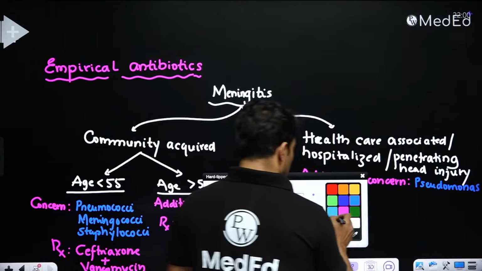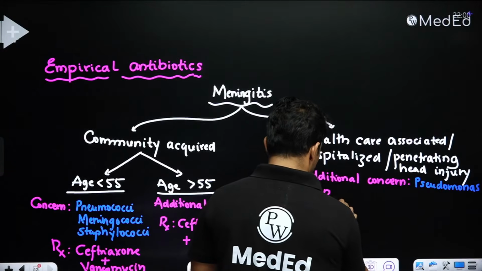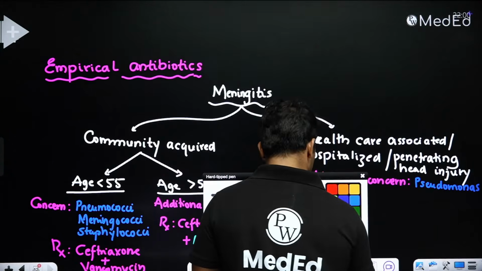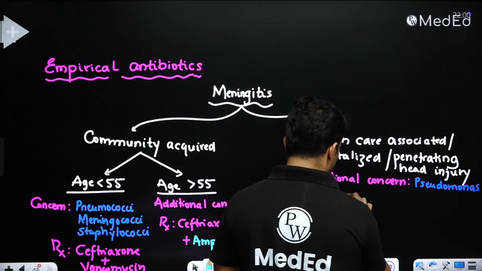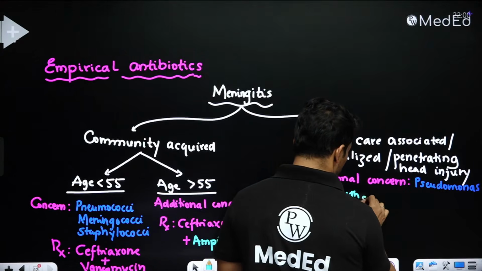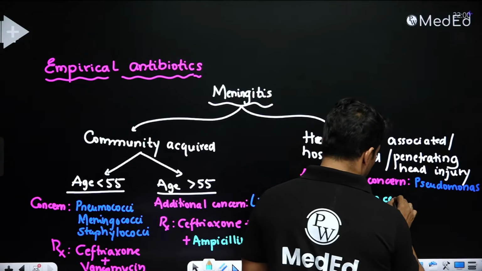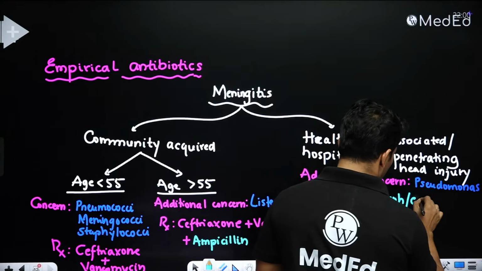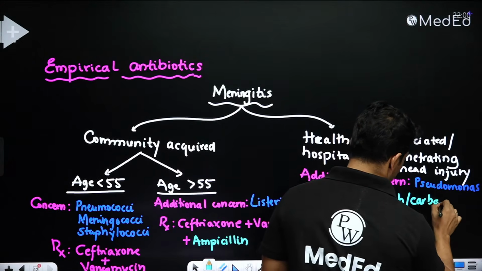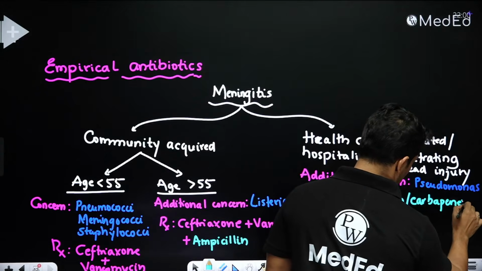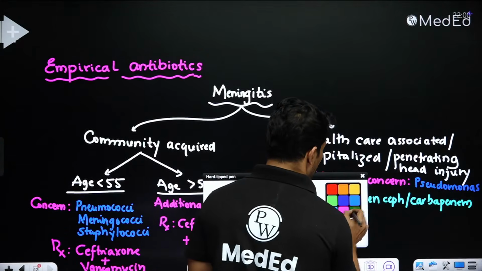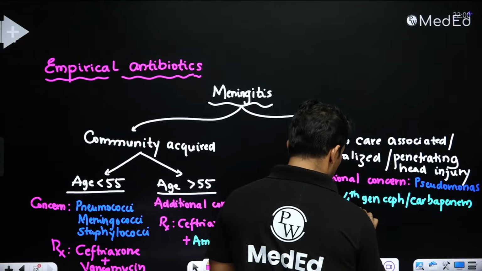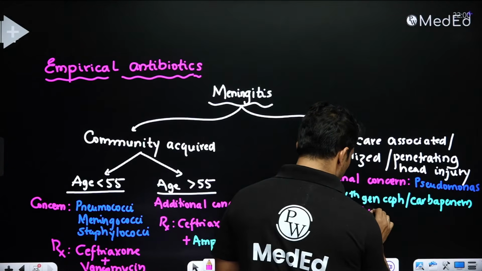So here our treatment will focus on this. The first major change we are doing here is, instead of the 3rd generation cephalosporin, we are bringing in a 4th gen cephalosporin or carbapenem. The 4th generation cephalosporin example I am quoting here is ceftazidime.